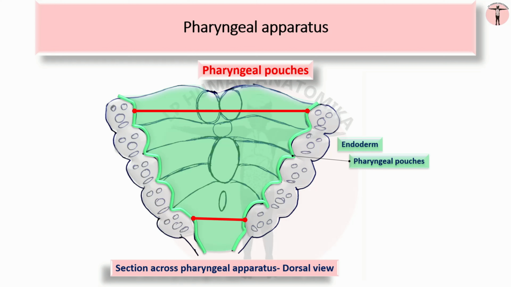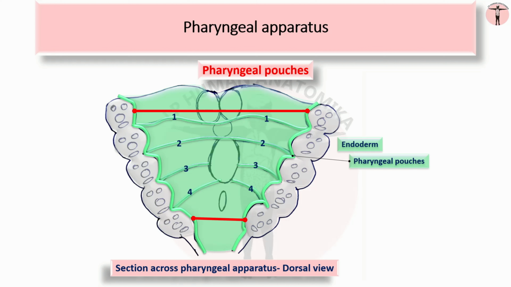The human embryo has 5 pairs of pharyngeal pouches. 4 pairs of the pouches are well defined and the 5th pair is either rudimentary or absent. The first pair of the pouch lies between the first and second pharyngeal arches. The second pair lies between second and third arches, and so on.